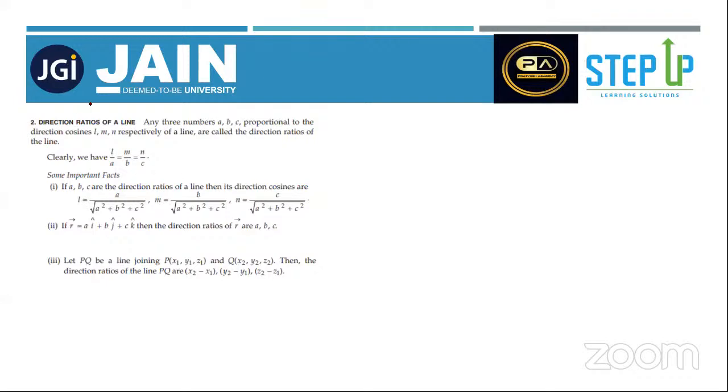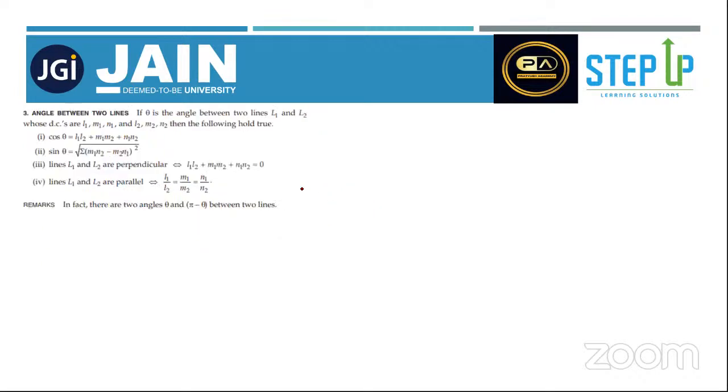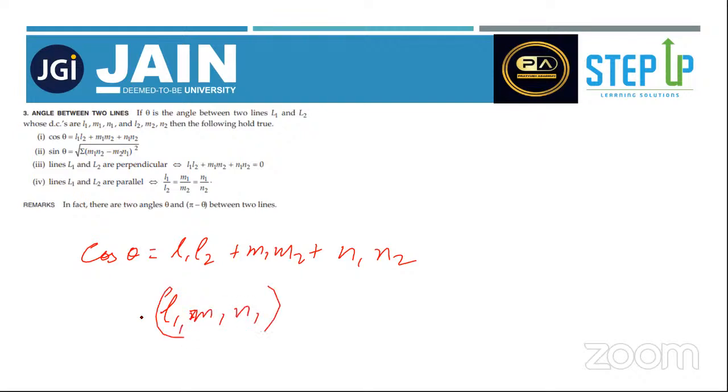Next, we have the direction ratio of a line. What is the direction ratio? We have just studied what is the direction ratio and what is direction cosine, correct? Now, angle between two lines. Angle between two lines is very important. That is cos theta equal to L1 L2 plus M1 M2 plus N1 N2.